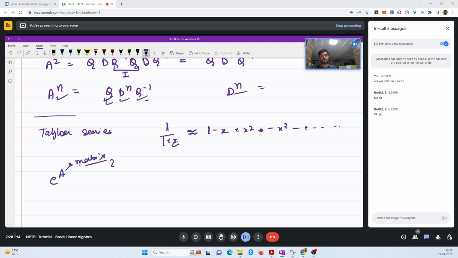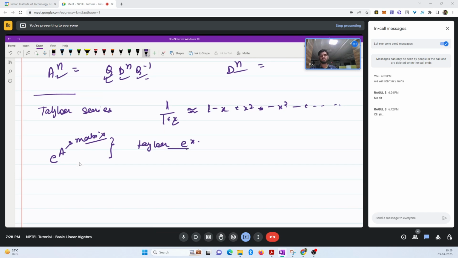Okay, तो वहां पे क्या करते हैं हम लोग कि we look at Taylor series expansion of e to the power x. ठीक है, तो मुझे अभी याद नहीं है Taylor series expansion e to the power x की, but let's say you want to find 1 upon 1 plus A. So here upon would mean inverse, so you want to find (1 plus A) inverse, that you can approximate by 1 minus x plus x square minus x cube, and so on.